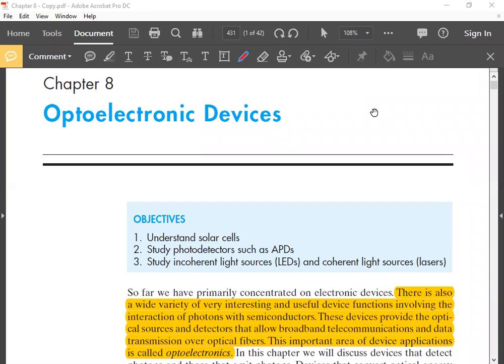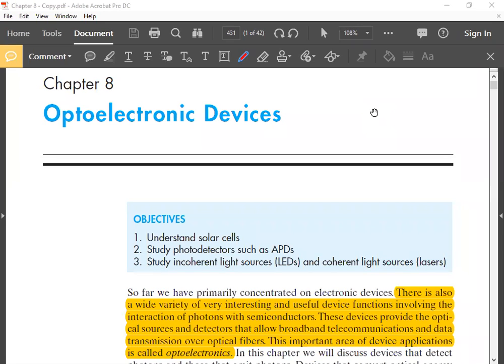So from chapter 4 also, when I discussed excess carriers, you had an idea that the interaction of a semiconductor with photons is actually an important aspect of semiconductor devices, right?